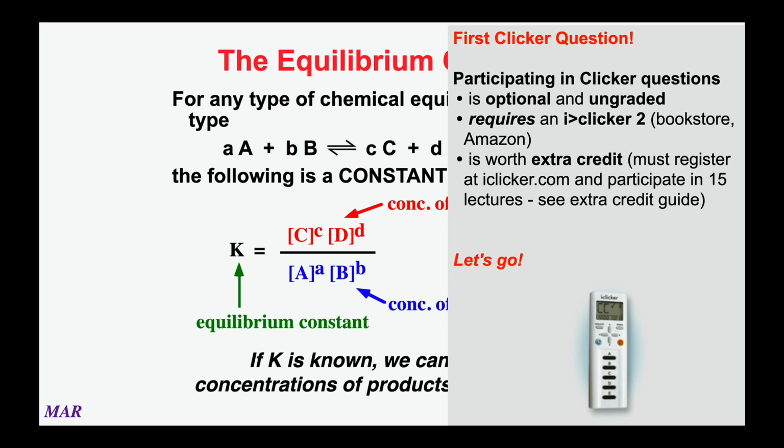This leads us to our first, what I call iClicker question, or first clicker question. If this was an actual face-to-face lecture, I offer my students a way that they can participate in the lectures a little bit more by having these iClicker questions. And iClickers are pretty cool. It's kind of like if you're at a game show, you can try and pick the right answer and see what's happening.